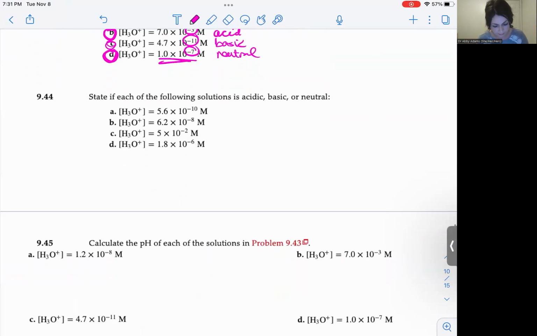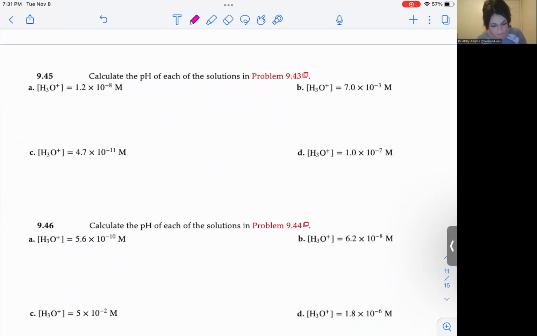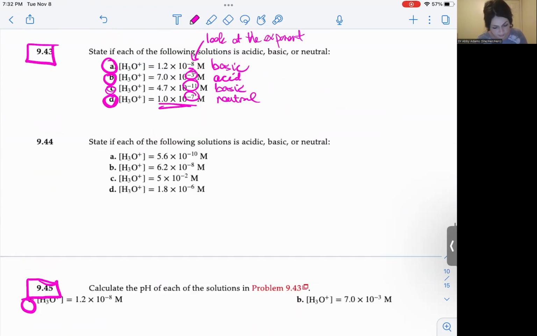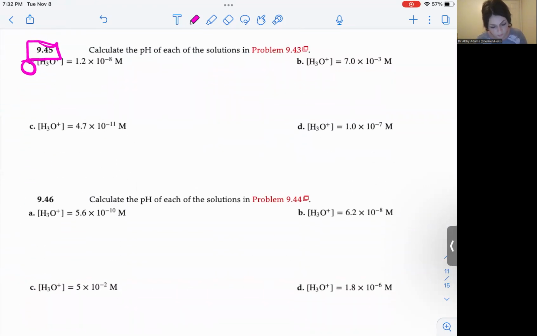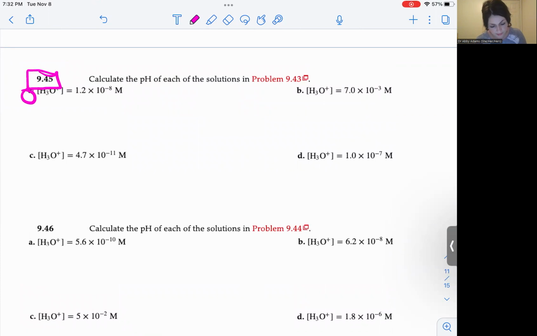So now in 9.45, it wants us to calculate the pH of each of these solutions. And so you can do that first and then say if it's acid or base too. So for A, we have 1.2 times 10 to the -8.